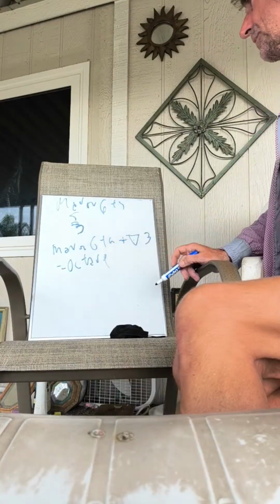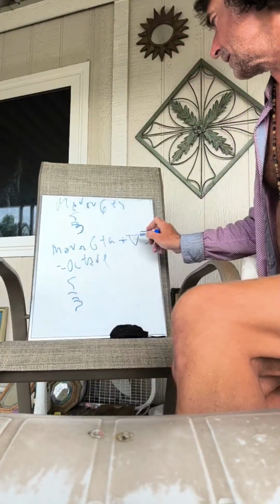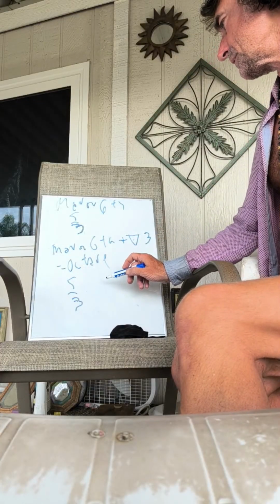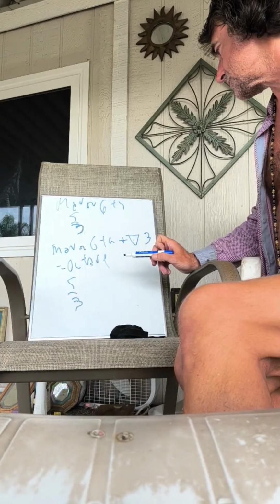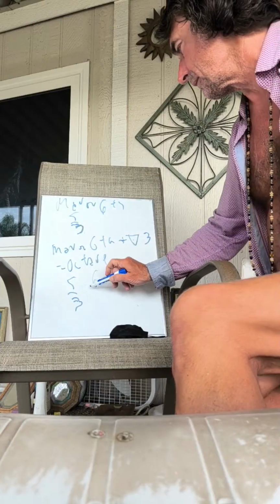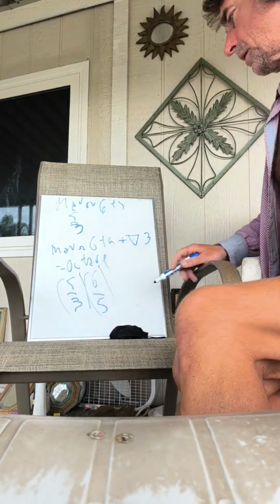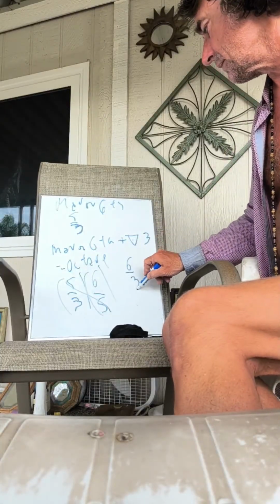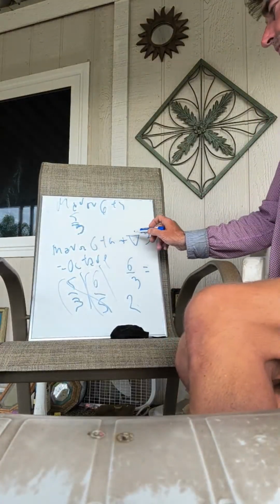Let's see if the math supports that. A major 6 is 5/3. A minor third is 6/5. Just works out that way. So what is an octave? Well, the 5s cancel. You get 6/3. 6/3 equals 2, and the octave is twice, so it makes an octave. So major 6 plus a minor third is an octave.